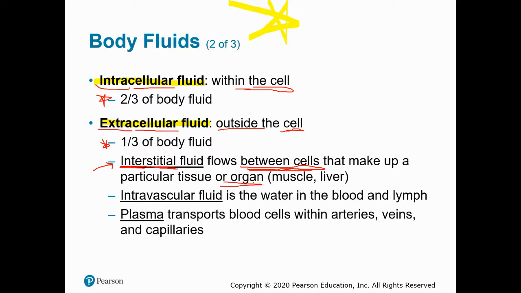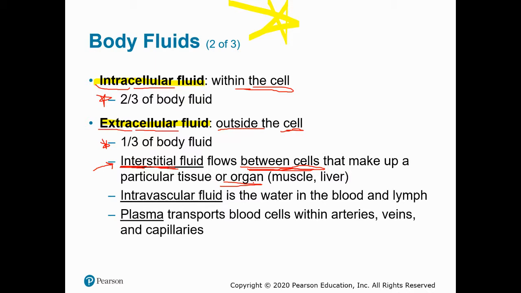So like your muscle cells, for example. Think about your bicep or your quadricep, these larger muscles and even smaller ones, but just think about your muscle. It's made up of hundreds, thousands of different cells.